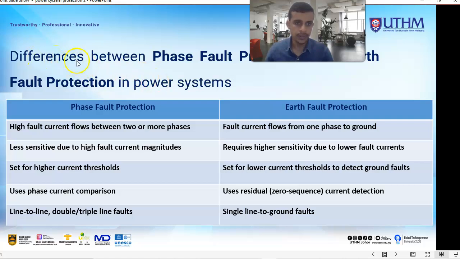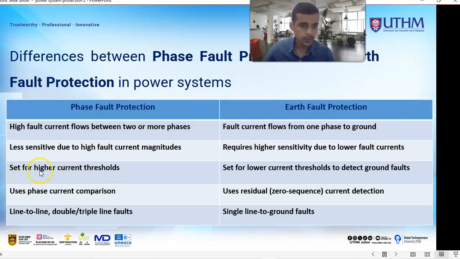So here are the differences between phase fault protection and earth fault protection in a power system. For phase fault, a high fault current flows between two or more phases, and for earth fault, the fault current flows from one phase to ground. Phase fault protection is less sensitive due to high fault current magnitudes, while earth fault protection requires higher sensitivity due to a lower fault current.